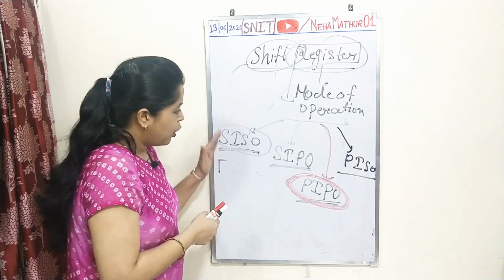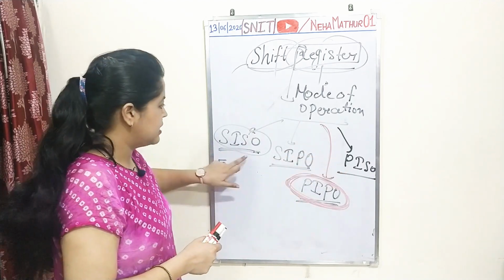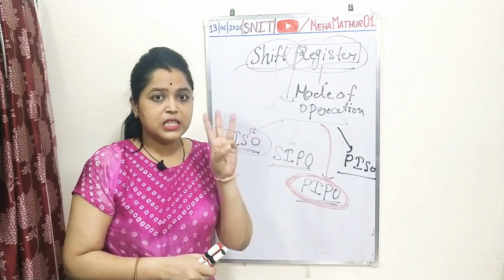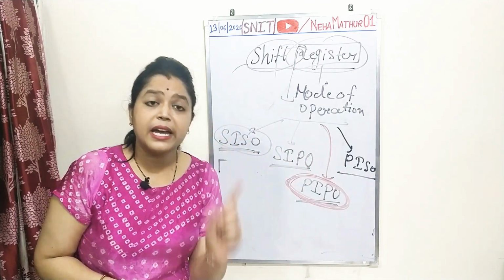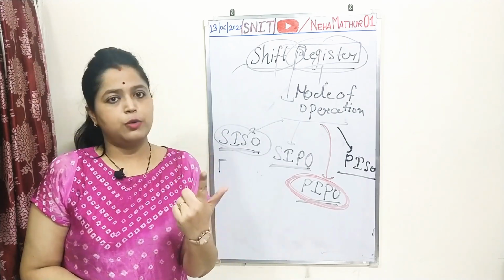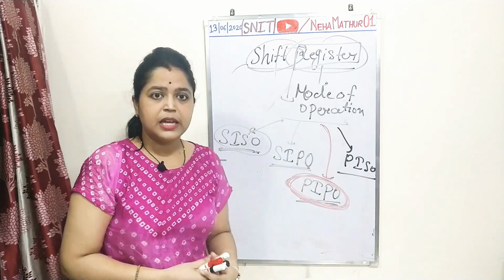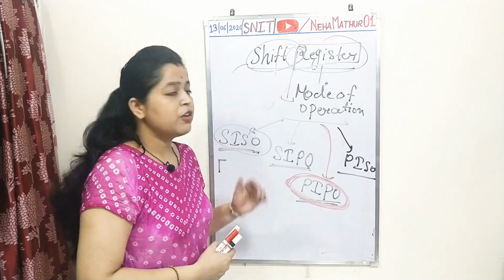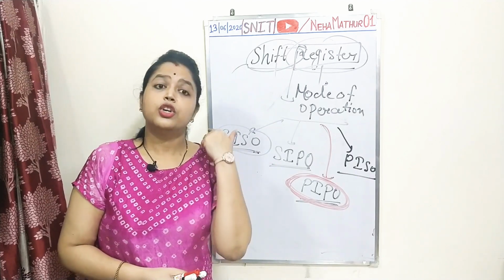So all three you can clearly observe, this one and these three types of mode of operation involve direct shifting of data, maybe in the form of input or output. So shifting is going to take place in the form of data movement, right to left or left to right, it depends on your circuit diagram.